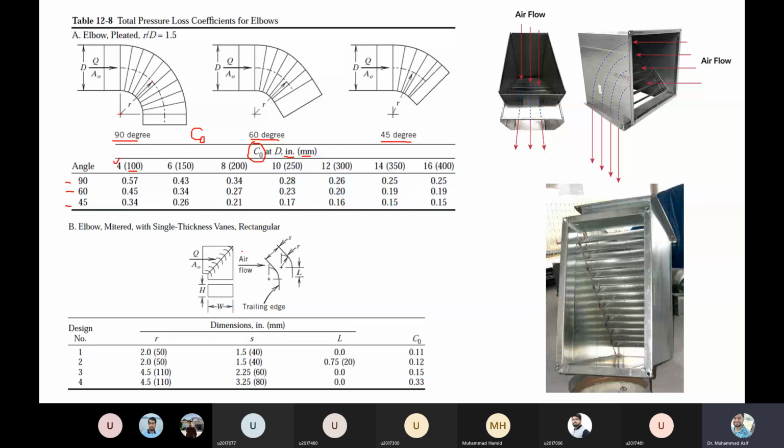For example, you can see you need the value of r, the value of S, and the value of L. So what is small r? Small r is this one, the distance from center to this point. Similarly, S is the entrance width or entrance diameter. L is this one. So if you know these three parameters, then you can have the value of the friction coefficient or C naught.